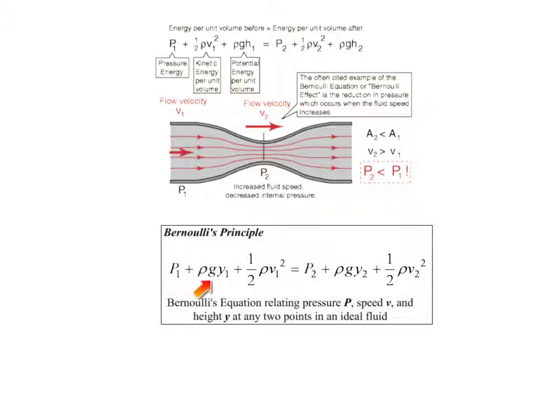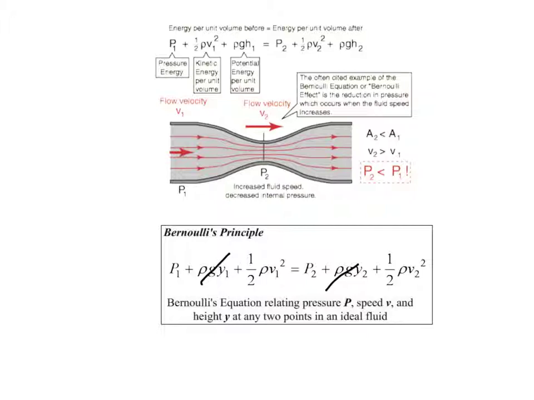So we can rewrite Bernoulli's principle in this way, where we've got the energy at one point in that pipe and the energy at another point in that pipe. If the pipe height doesn't change at all, we can just totally cancel out that potential energy part of it.